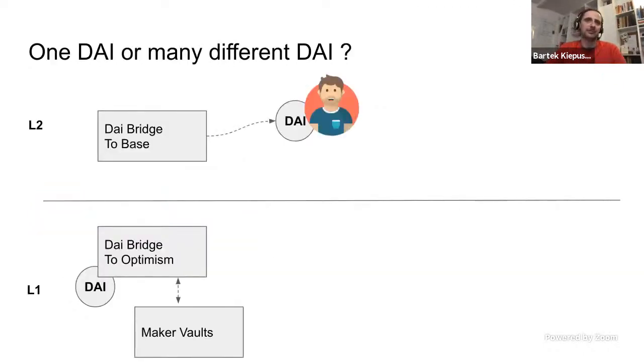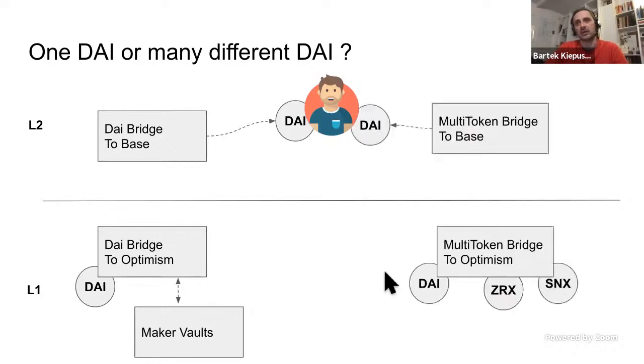And the last point that I wanted to make is that given the fact that there are different types of bridges, you have to realize that users will be able to use many of them with different mechanisms. So for example, they can use the DAI bridge with our fast withdrawal scheme, but they can perhaps use some other type of bridge, like a multi-token bridge. And this will also create DAI on L2, right? However, these are not the same DAI.